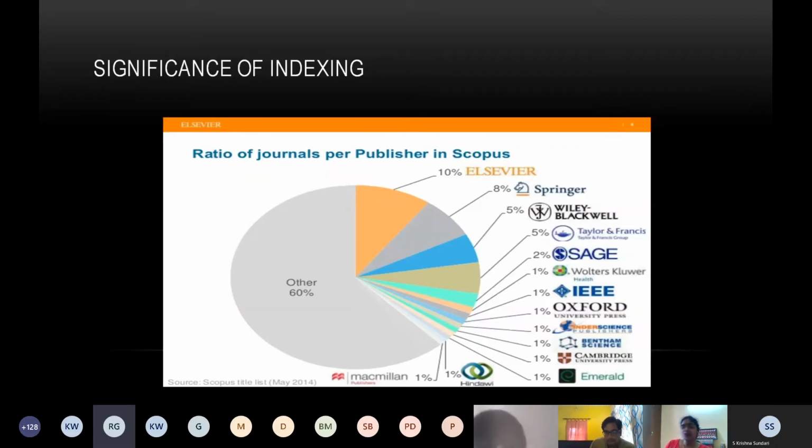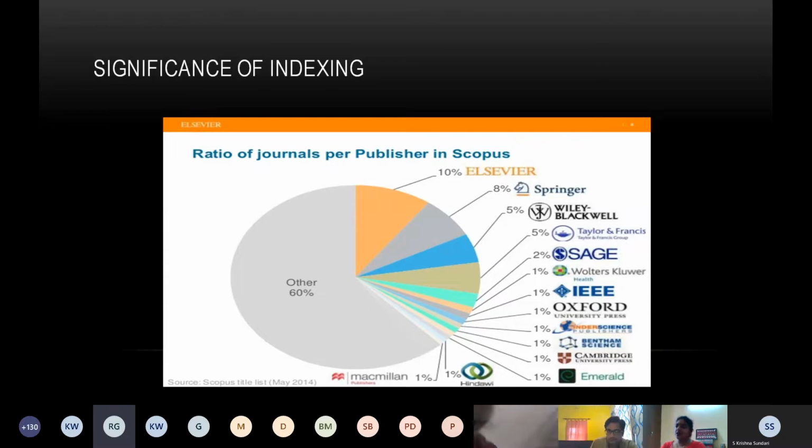Now, those of you who are already into publishing must have heard that it's important that you publish in a journal that is indexed. The question comes, what is the meaning of this indexing, and why do you prefer an indexed journal over a non-indexed journal?